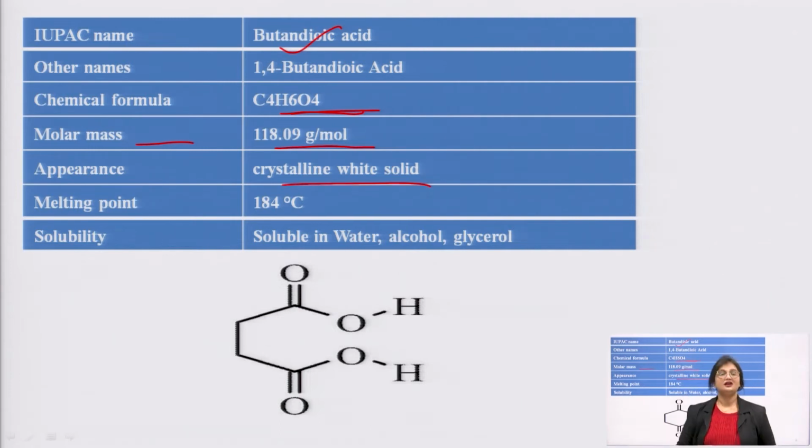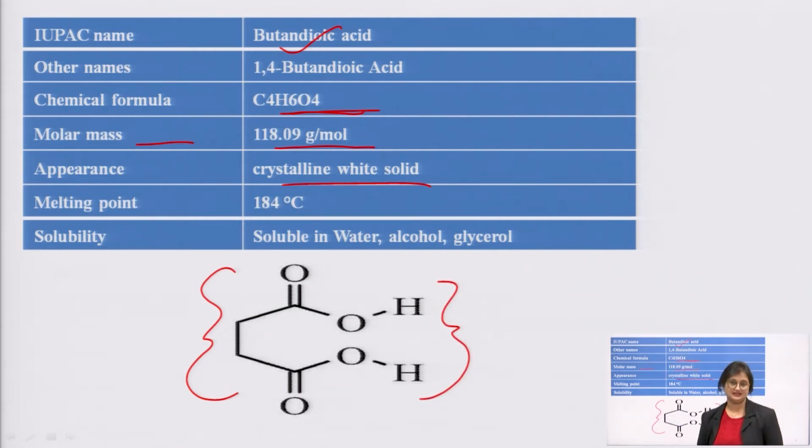It is a crystalline white solid, with a melting point of 184 degrees Celsius. It is soluble in water, alcohol and glycerol. Now, this is the structure of succinic acid. As we had already discussed, succinic acid is a dicarboxylic acid.